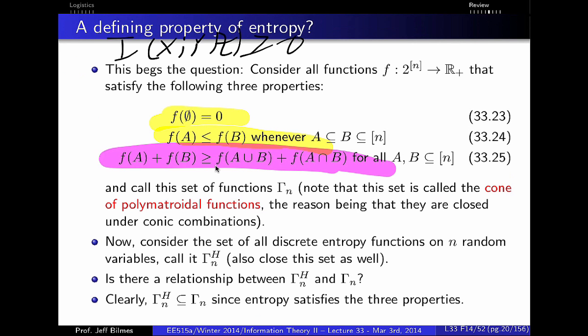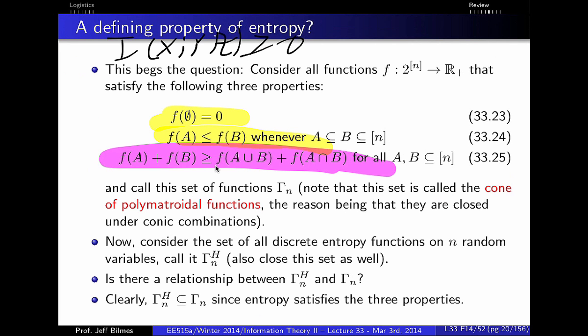And if we consider all possible set functions, functions that apply to subsets of some underlying index set from 1 to n, and all such set functions that satisfy these 3 properties, that's called the cone of polymatroid functions. The reason why it's a cone is because when you take conic combinations of any of them, the property is preserved.